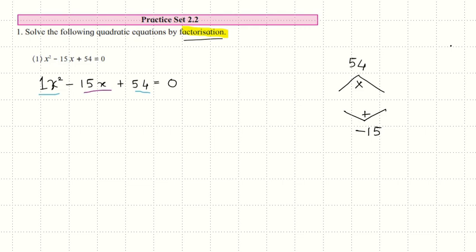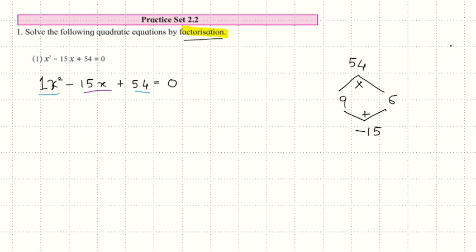Thinking about the tables, 9 into 6 gives us 54, and if we add 9 and 6, we get 15.